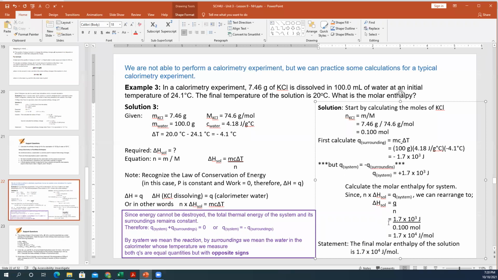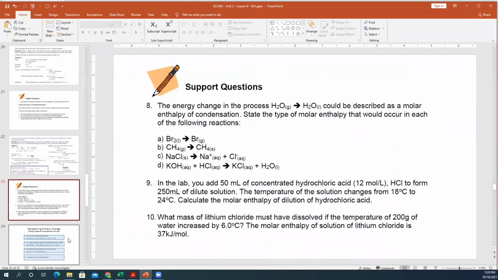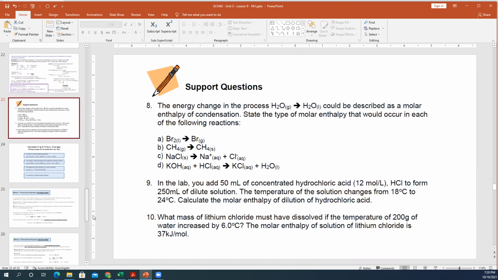And that will help you to make sure you end up with the right sign when you're doing molar enthalpies of reactions. There are a few support questions for you to practice with. There are some calorimetry type questions that will help you test your understanding.